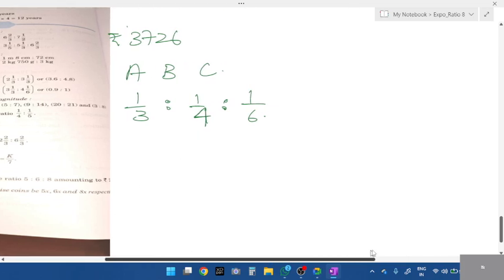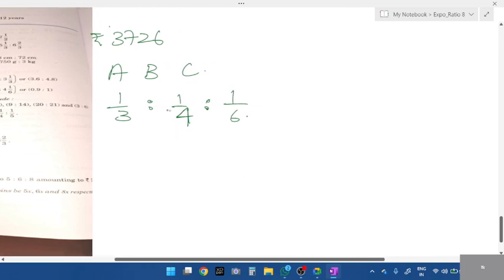LCM. Is it possible to use cross multiplication here when there are three terms? Yes. Take LCM. I need you all to find the value of A is to B is to C, students. Without the denominator, I need the answer.